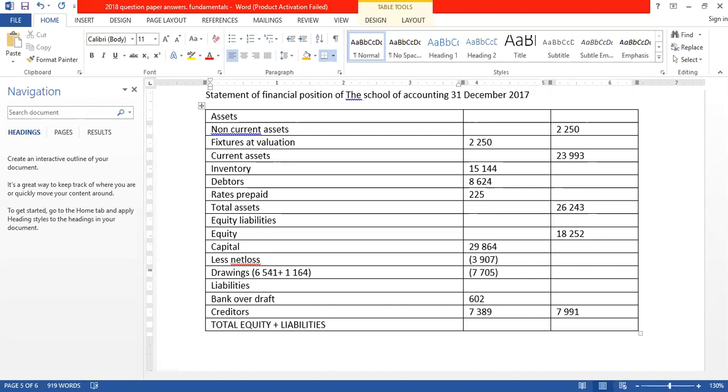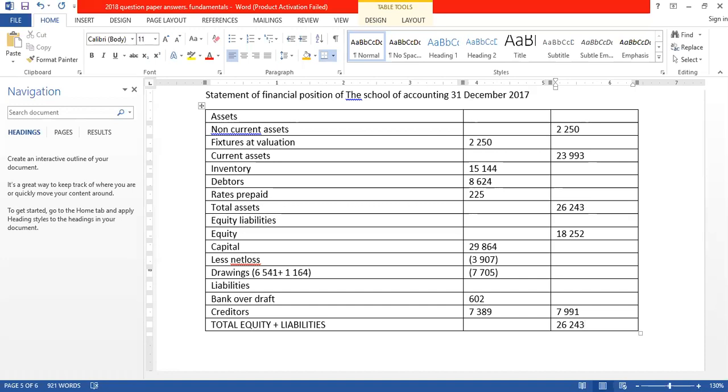So total equity plus liabilities will give you how much? So your equity is 18,252. You add your 7,991, and then you get 26,243.